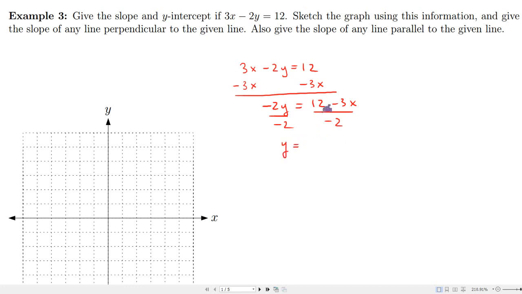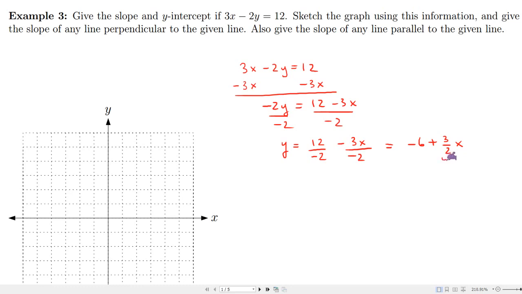Then y is equal to 12 over negative 2 minus 3x over negative 2. This is negative 6, and this becomes positive 3 over 2x. So we have y is equal to negative 6 plus 3 over 2x.